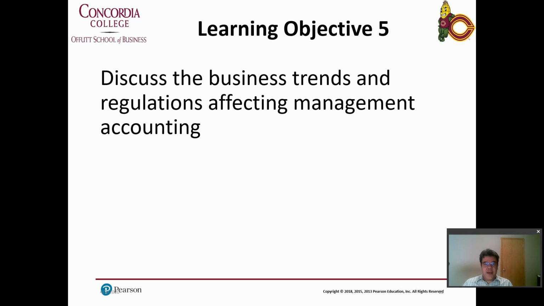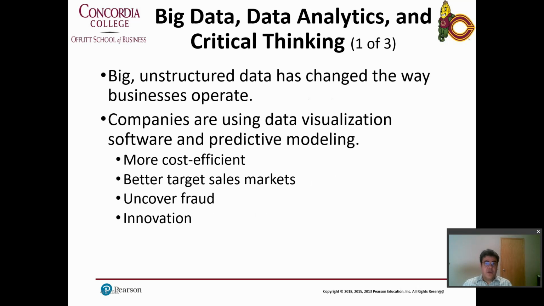And finally, business trends and regulations. Big data, business analytics, and critical thinking. These kinds of analysis are quite important. Data analysis and critical thinking, big data, they are all over the place.